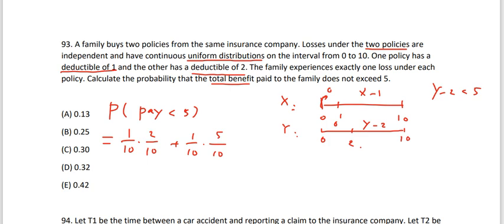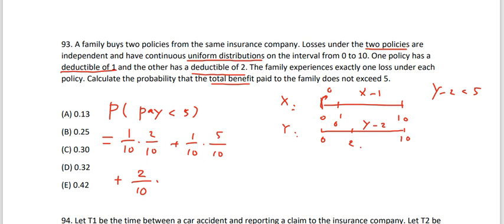So we have 4 cases. Next, y is less than 2, so the payment for y is 0, which is 2 over 10.